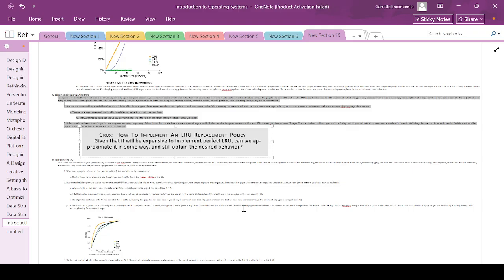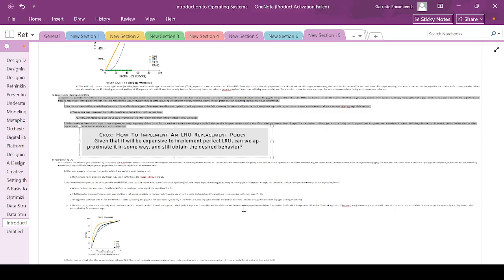Contrast this to FIFO, where the list of pages is only accessed when a page is evicted, by removing the first-in page, or when a new page is added to the last side. To keep track of which pages are least and most recently used, the system has to do some accounting work on every memory reference.